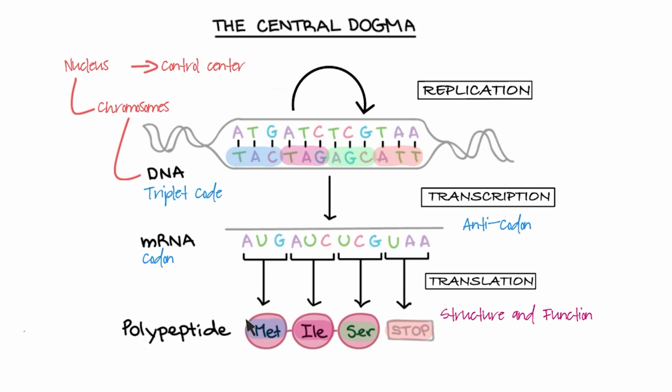Next, we have the codon. Similar to the triplet code, the codon is also a group of 3 specific nucleotides in a particular sequence, but instead of the DNA, the codon is on the mRNA. Each of these codons is going to be complementary to a specific triplet code on the DNA, and it will encode the same amino acid as that triplet code.